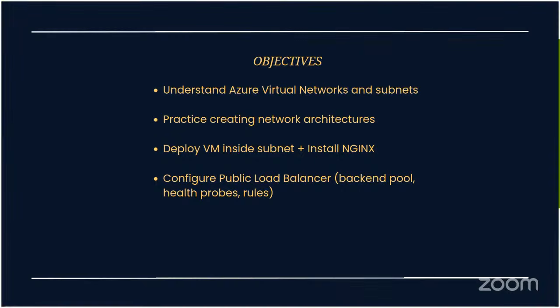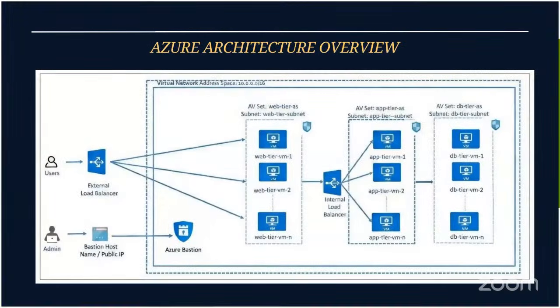Thank you. So I'll move over to the second slide. The second slide talks about the Azure architecture for our three-tier application. The user hits the external load balancer. We all know the load balancer is tied to our public IP address.